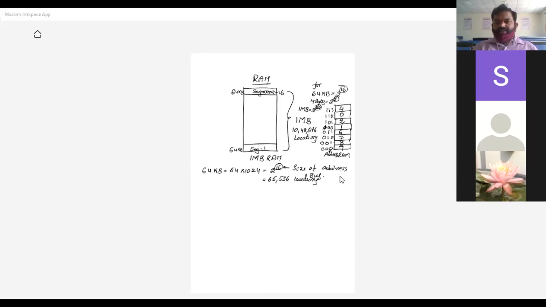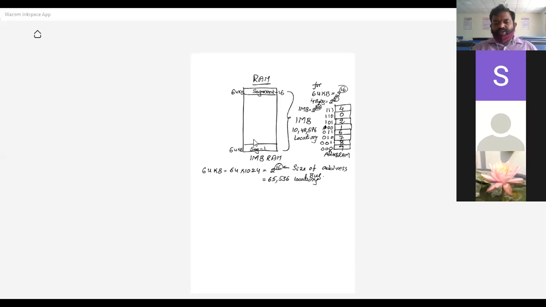How to give the roll numbers? You should give 10,48,576 different roll numbers. If you repeat the same roll number for two different students, there is a chance to overlap the data. Same concept here also.